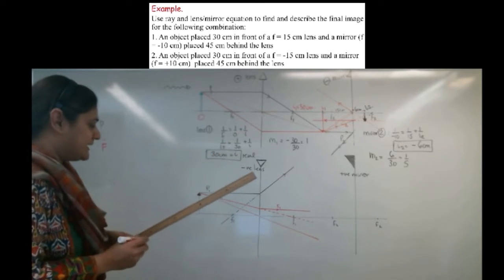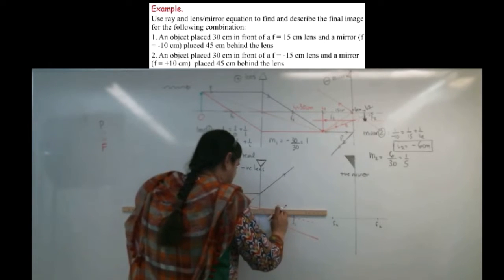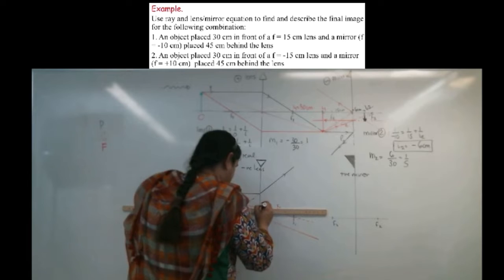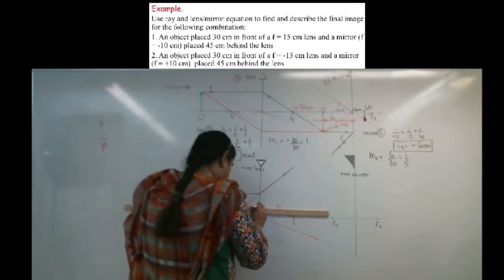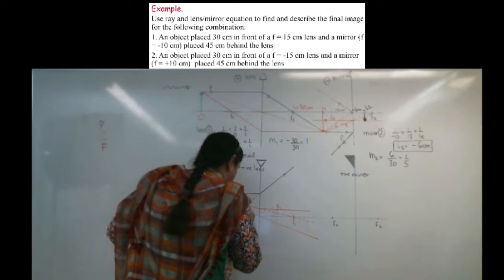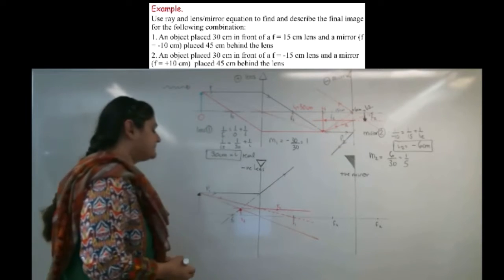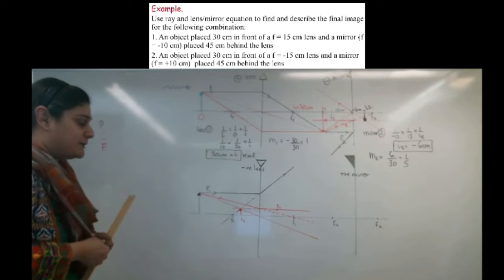Now, where is the image formed? Well, I have to extend things, right? So if I extend this one backwards, that's kind of where my image is formed. This is going to be my I1. Okay? Now, here's the tricky part.